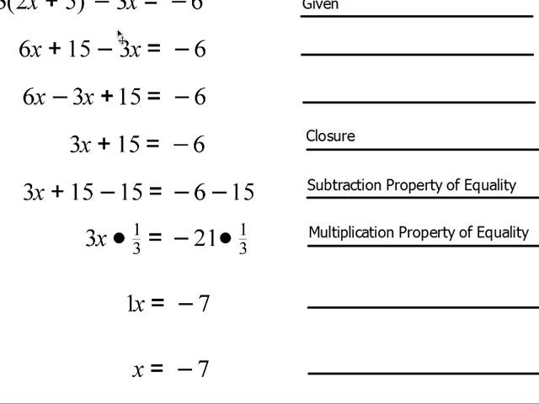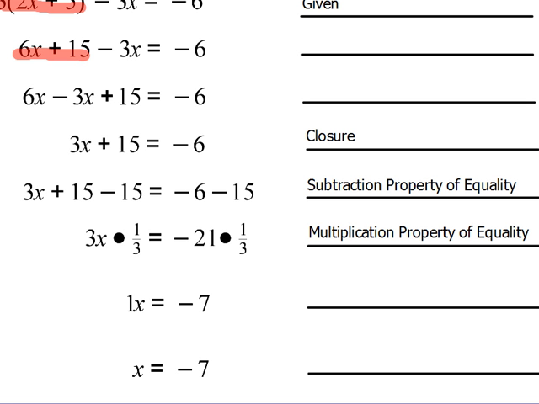So the first thing you want to do is figure out what's different between step 1, the given equation, and step 2. If you notice, minus 3x equals negative 6 is the same. So the thing that's changed is 3 times the quantity of 2x plus 5 became 6x plus 15.